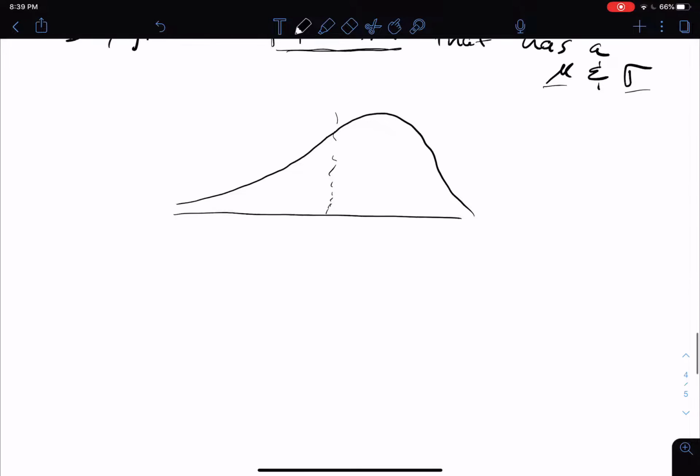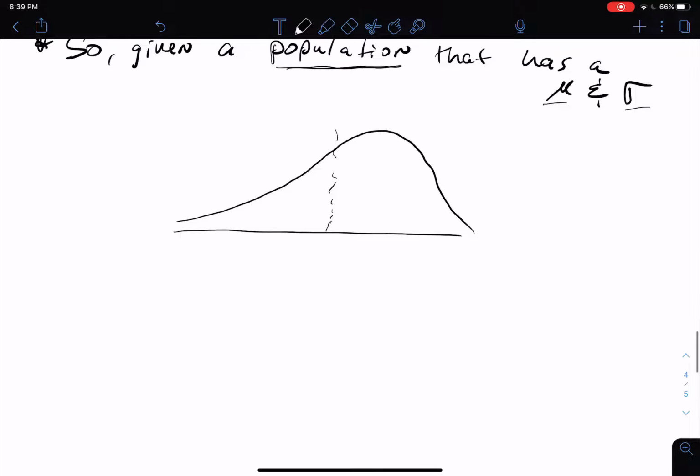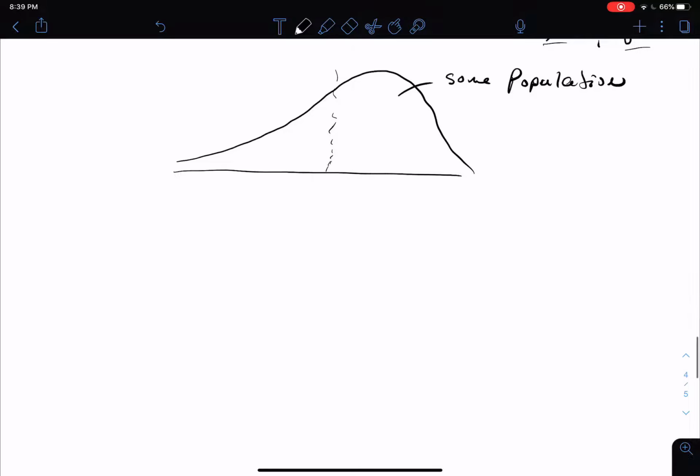This is going to be some population. It could be the population of the heights of men in the United States. It could be whatever, just some population. So what we want to do is sample from that population.